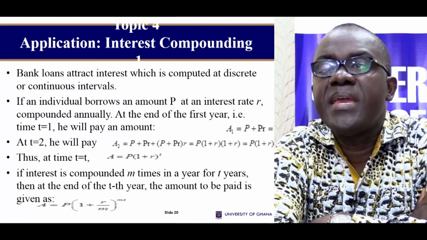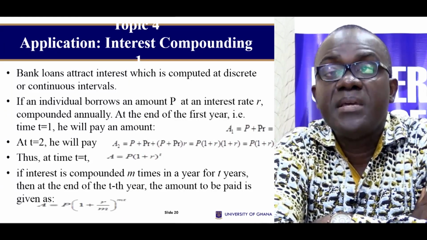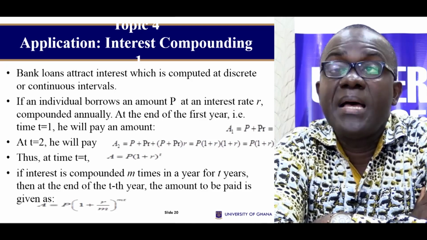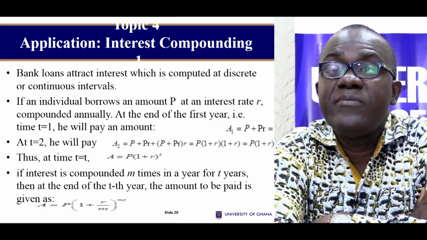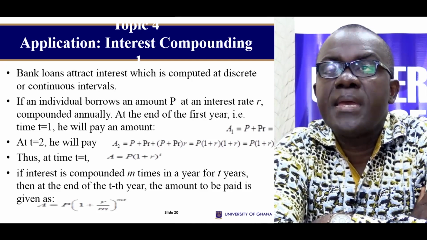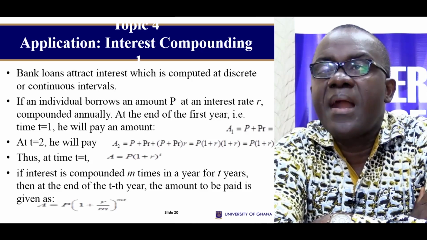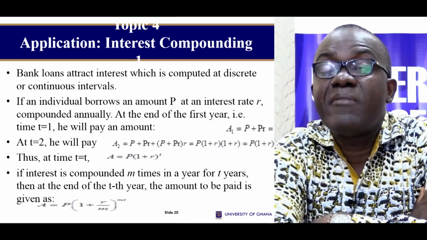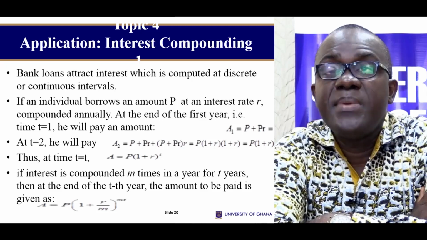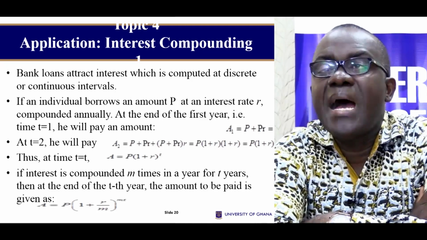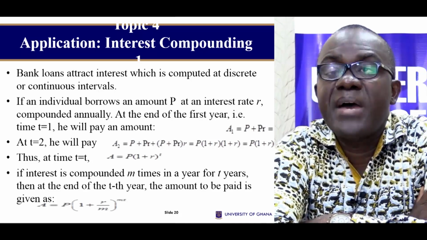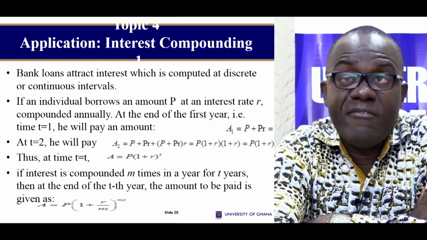You have P, you have A, you have M, you have T. And notice that in this formula, whenever I give you, you have how many variables? A, P, R, M and then T. You have 5 of them, right? A being 1, P being 2, R being 3, M being 4, and then T being 5. So you have 5 variables.